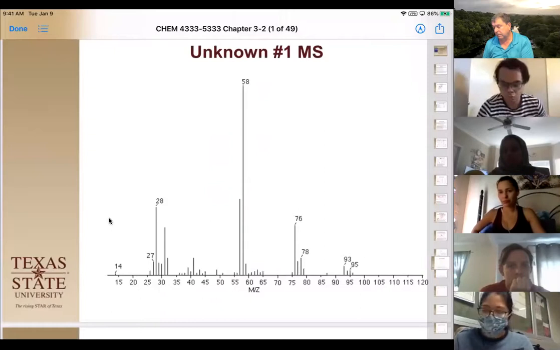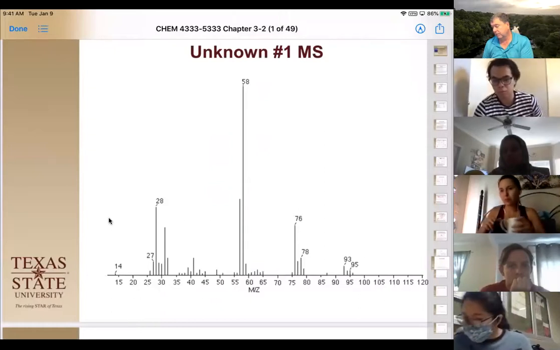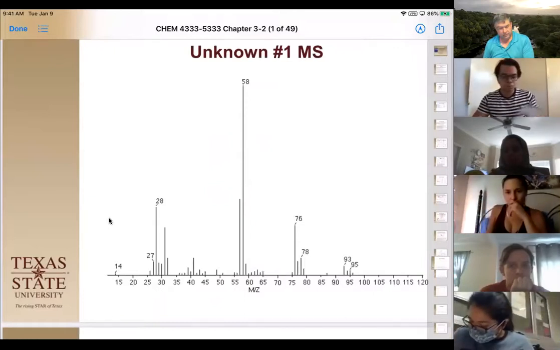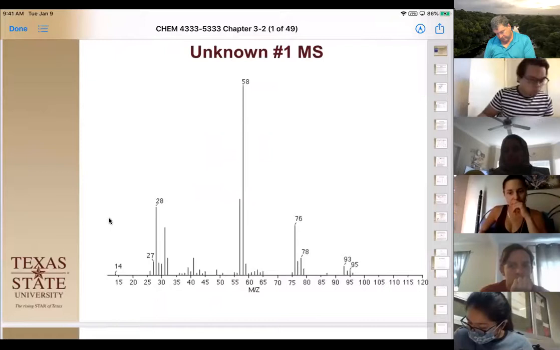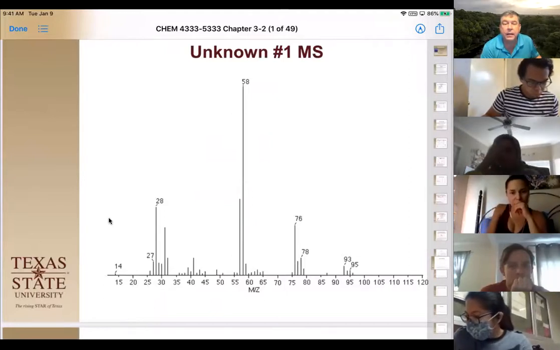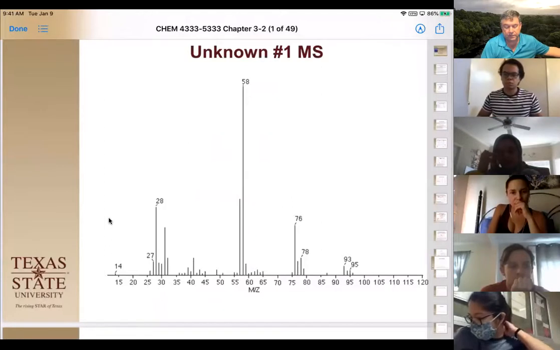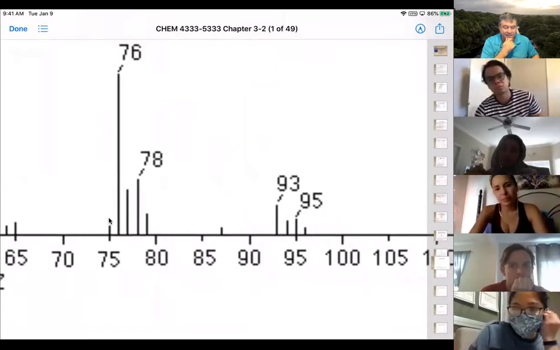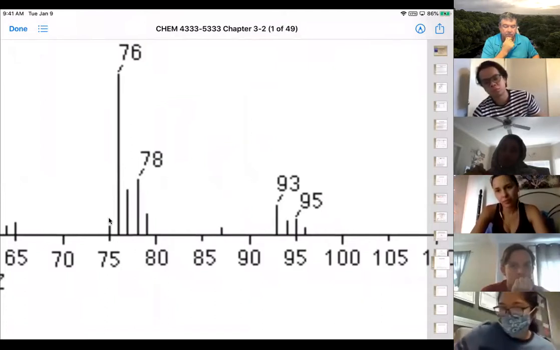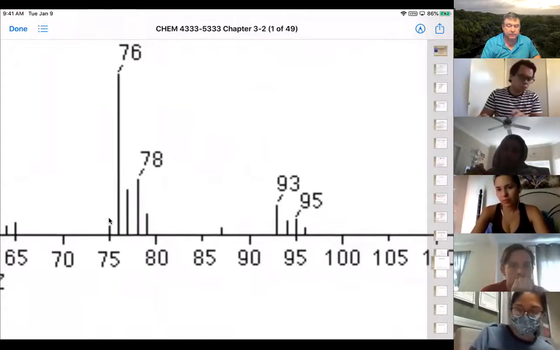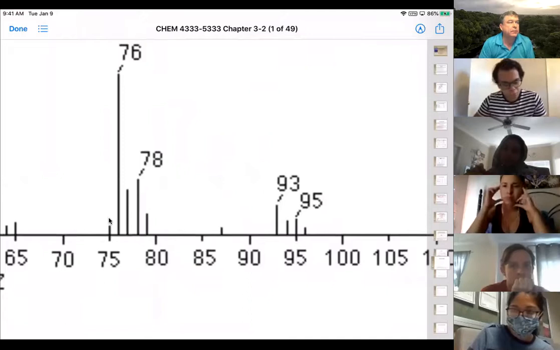What do we do? Anybody have any ideas here? Well, let's pull up that parent ion peak. That's a pretty interesting pattern. Anybody have any ideas what that might be?